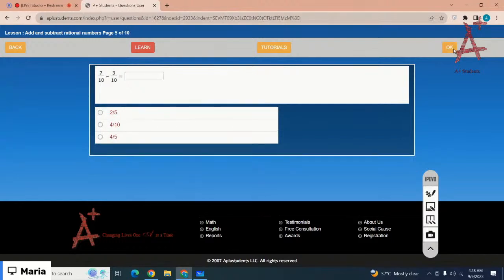Okay, the next one is 7 over 10 minus 3 over 10. So which is the correct option? They have like denominators. You simply have to subtract their numerators.